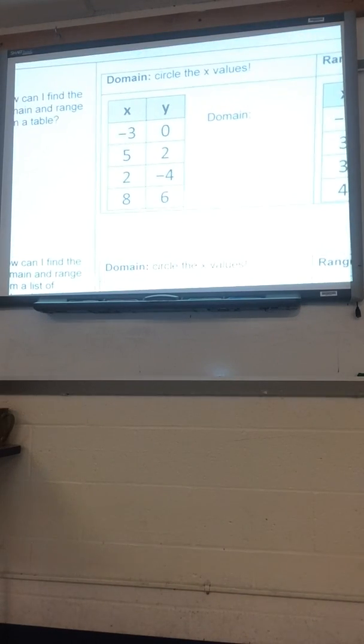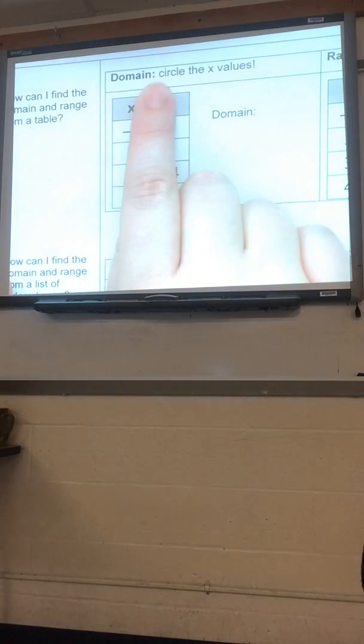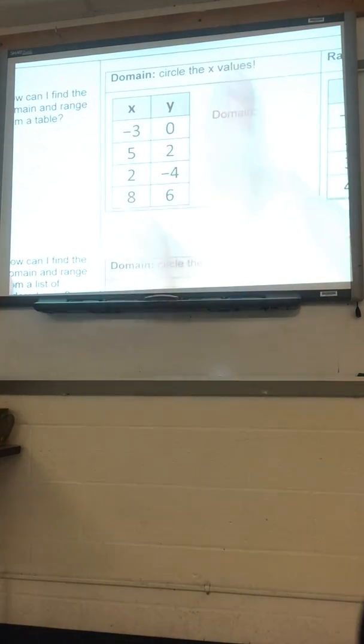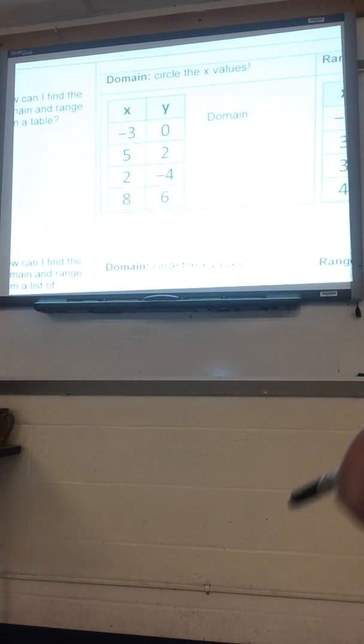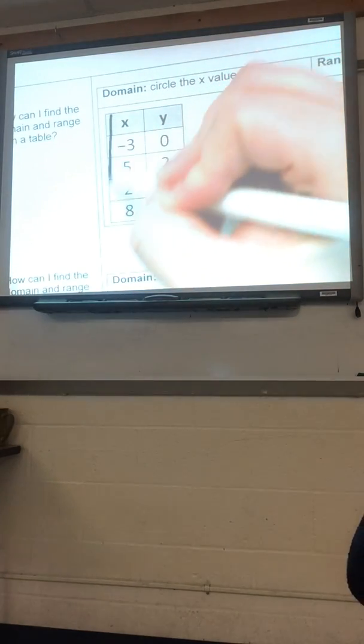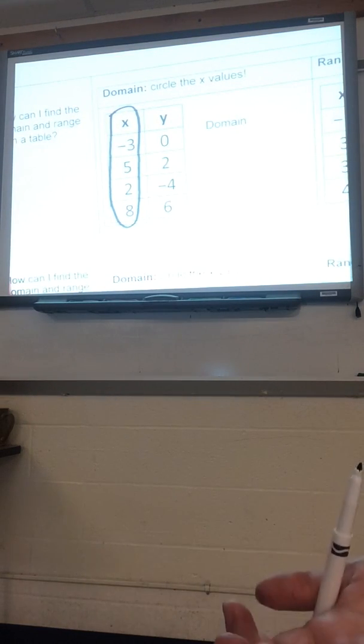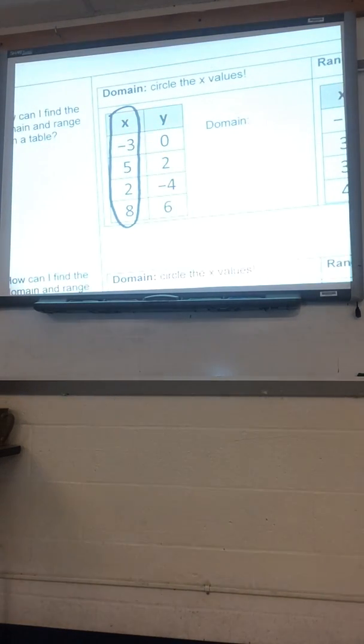So here's a table, which you're used to seeing. When you're trying to find the domain in a table, you're just going to circle all the x values. And lucky for you, it's labeled. The x values are in the x column, so it's all of these numbers right here. Also lucky for you, a lot of times they're written in order, especially the x values.